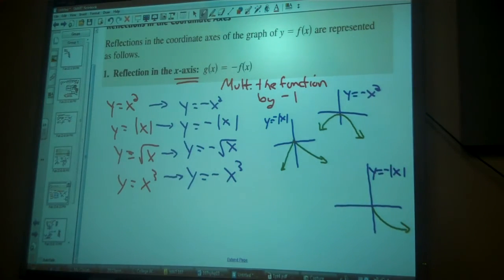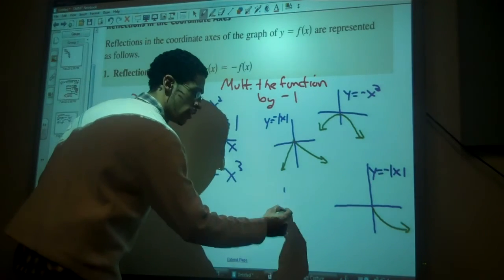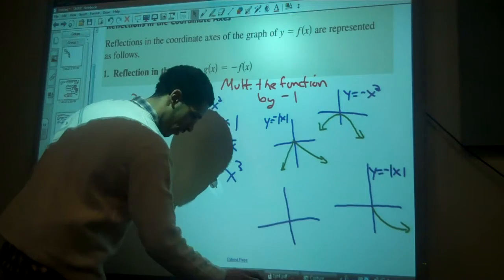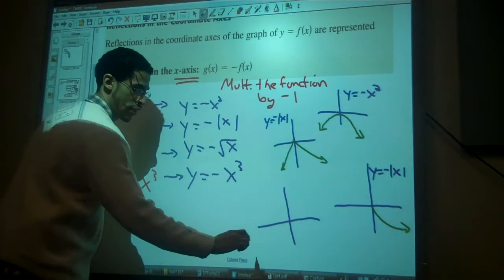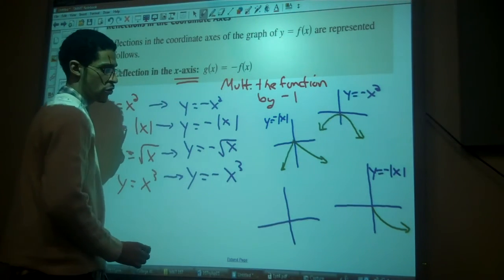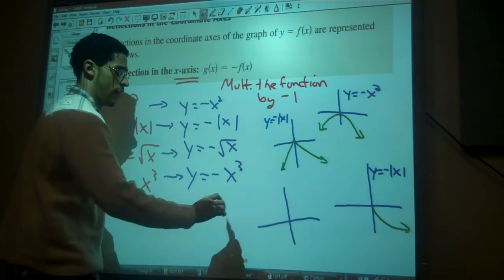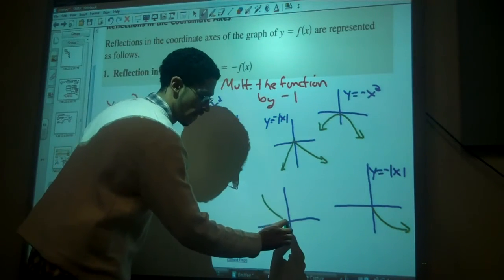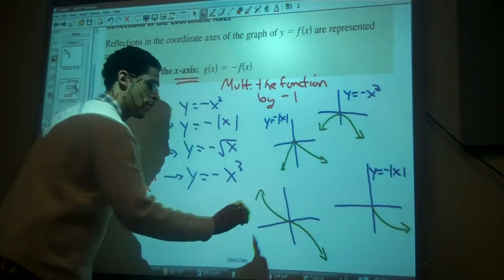And then finally the last one, y equals x cubed with a negative on it. As I flip over the x-axis there, this one's difficult to draw. Looks like that.